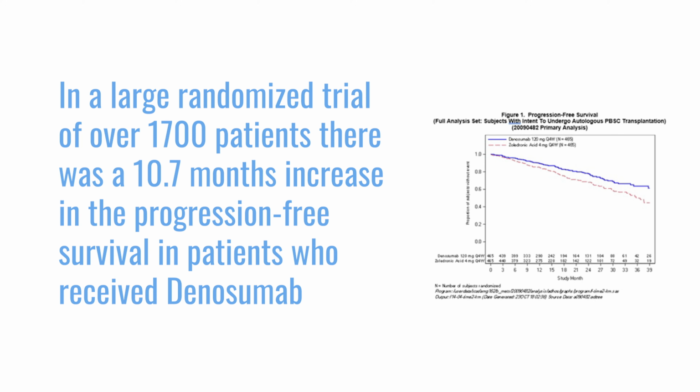What I also want to mention, and this is a very new result, and it was published at ASH last year, that in a large randomized trial with 1,700 patients, in which the patients were randomized to either receive Zometa or denosumab, there was a 10.7 months increase in the progression-free survival in patients who received denosumab. We don't know exactly the mechanism of this, but it's a very surprising and interesting result. And I think in the future, the myeloma experts have to think about what is the best treatment for bone disease. Is it a bisphosphonate or is it denosumab?